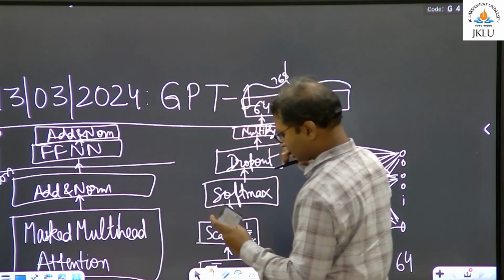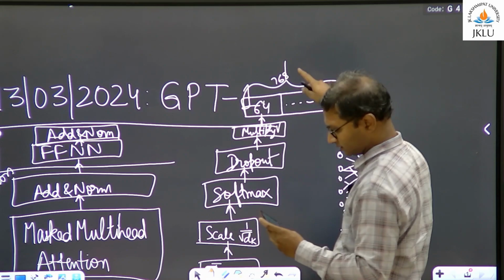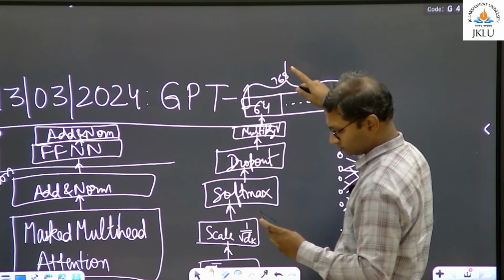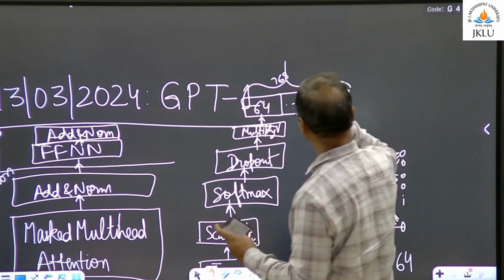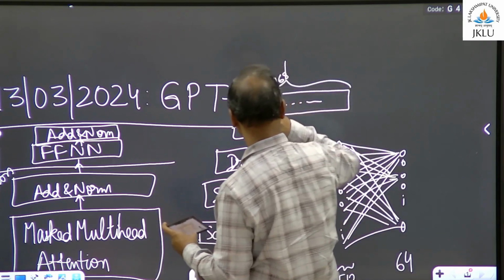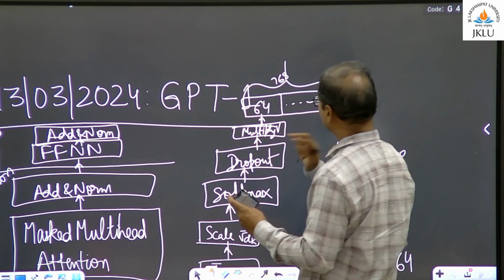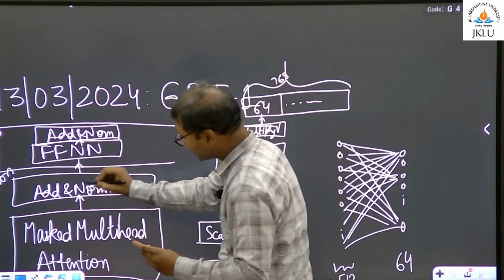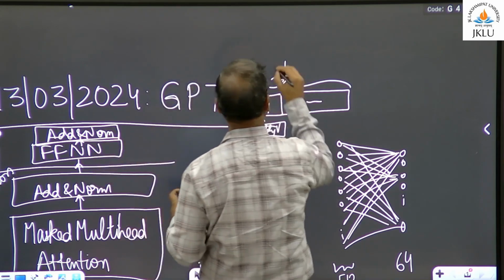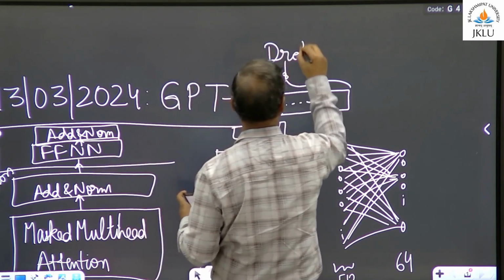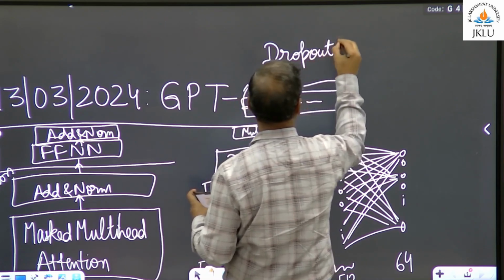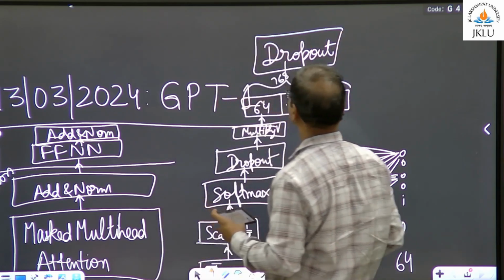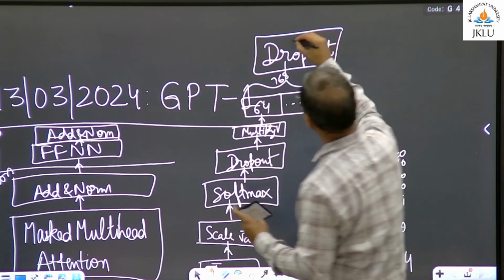Am I missing some linear layer here? No, at two places they do dropout. So after coming out of this and before add and norm, there is also a dropout. Then you take the layer norm.